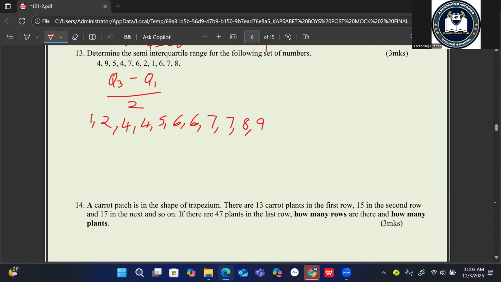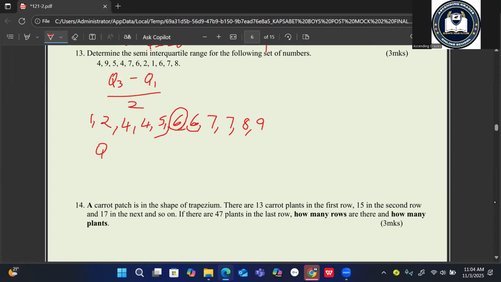The numbers are 11 in total. So our median number is the sixth one, which is 6.